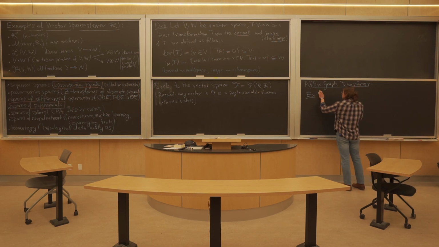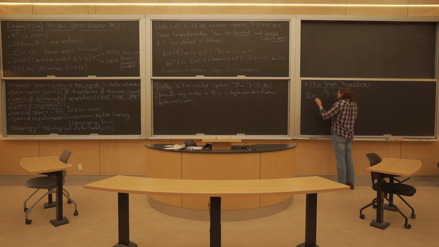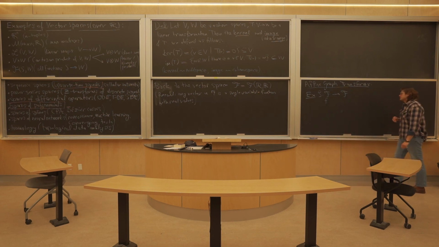Take a function and give it back another function. Let me denote this by, let's say, curly S. And I want this to happen. So if I feed a function, a vector f, to this curly S, what I want to happen is this.